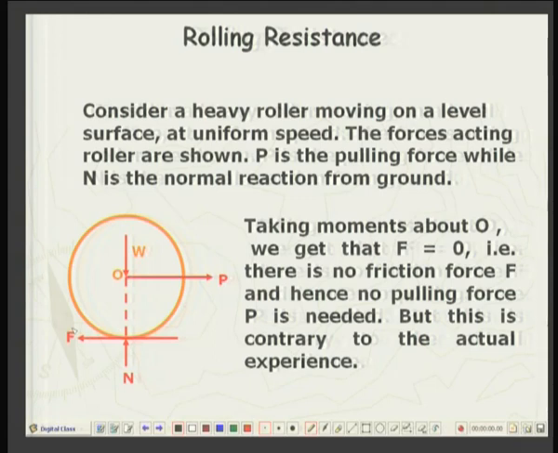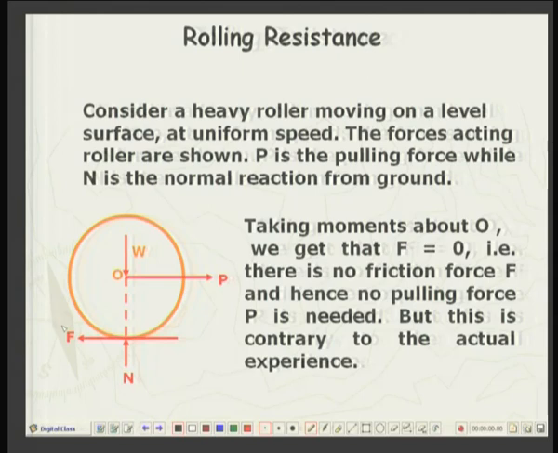So, the contact between the roller and the ground is a point contact through which a vertically upward reaction, normal reaction N is being applied. The pulling force is P. So, at the point of contact between the roller and the ground, there is a force of friction F, right.